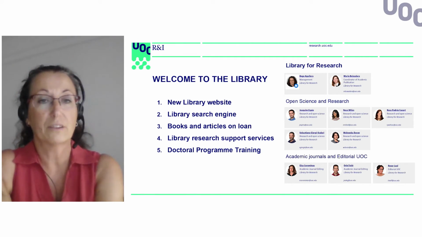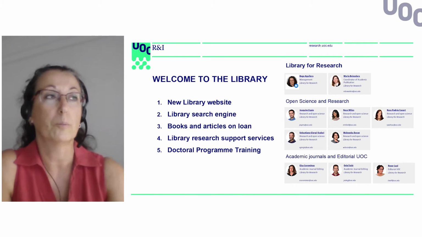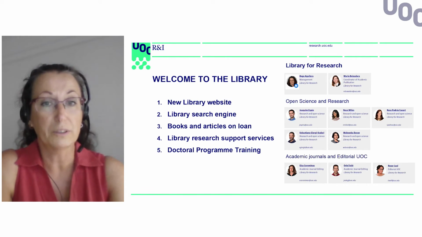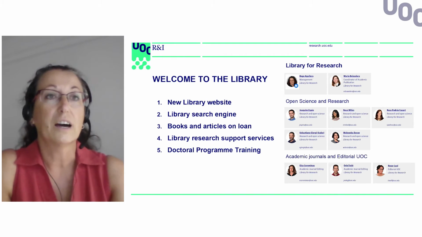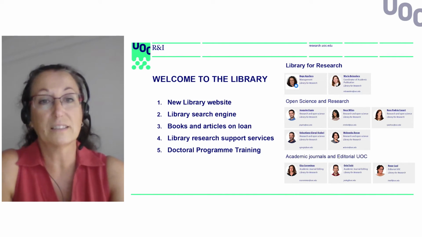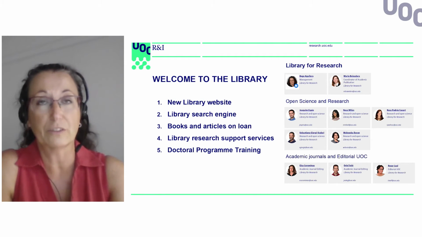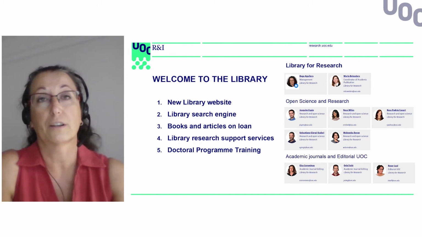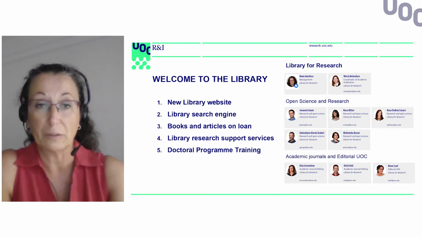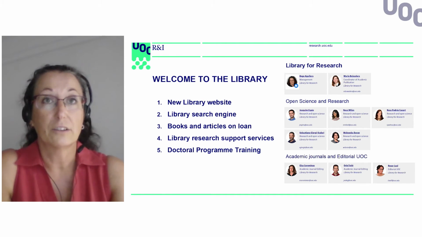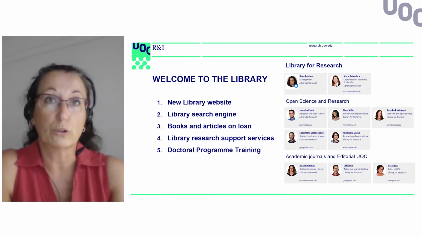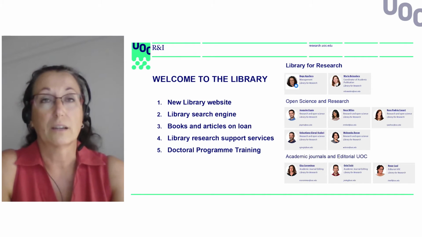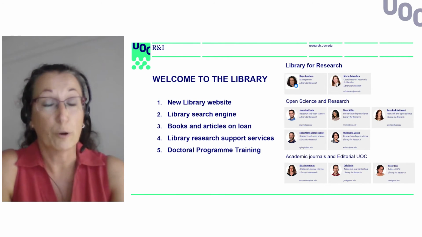Which services we offer you, for example, books and articles on loan. This could be of your interest. And we will explain additionally the specialized library research support services that we offer specifically to the research community. And at the end, we will present some doctoral program training that we offer you from the library.